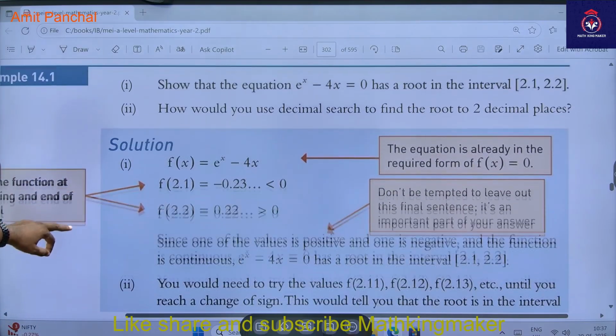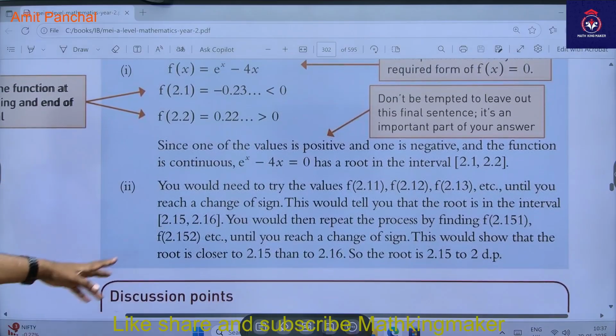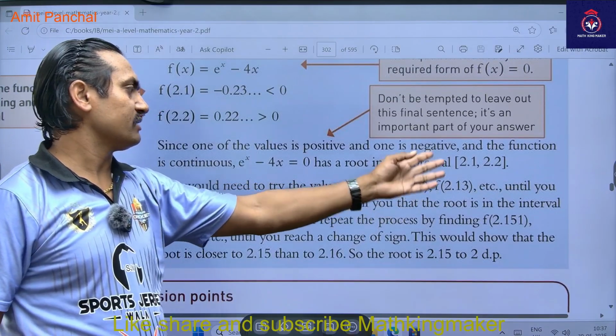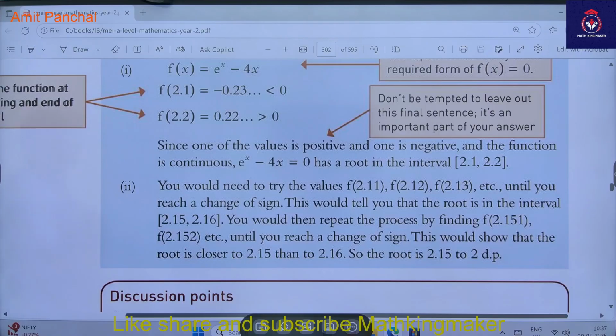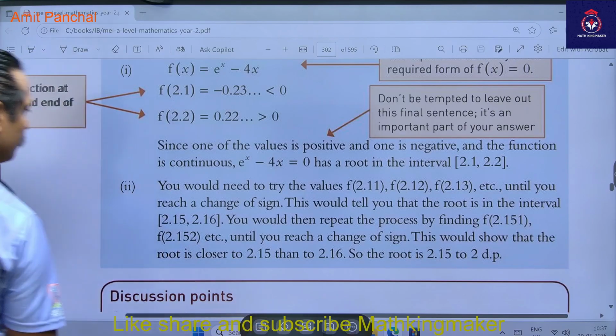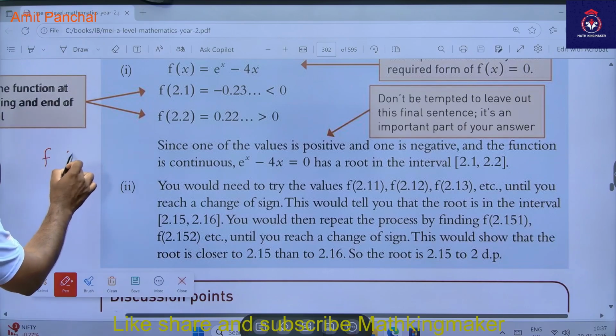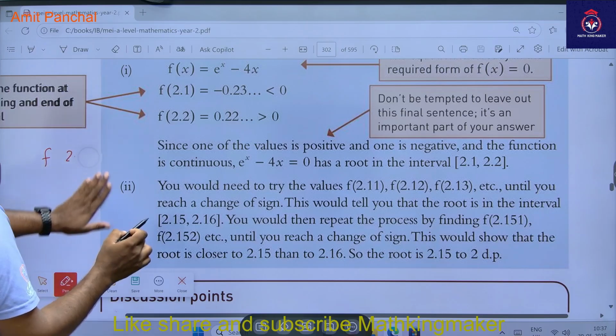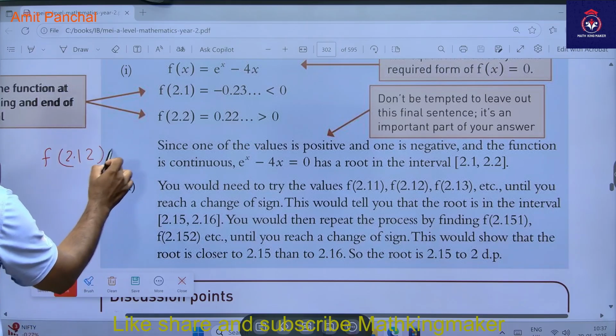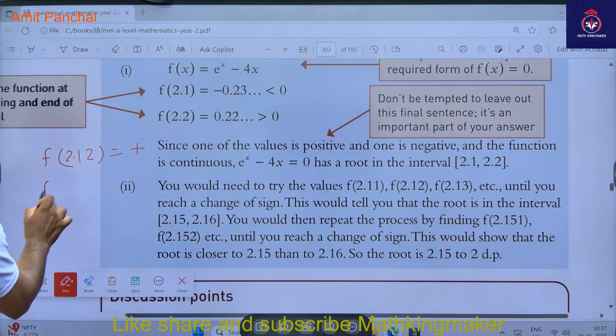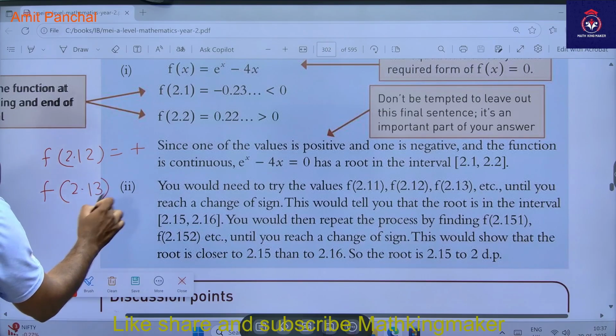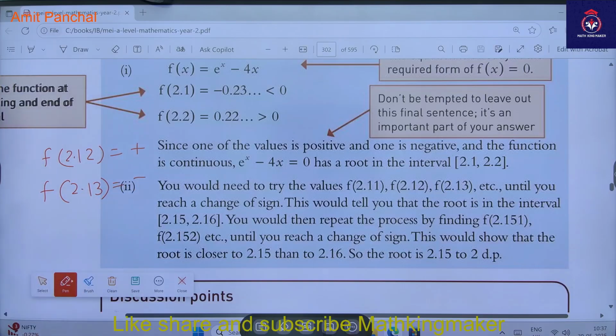You will need to try the values 2.11, 2.12, 2.13, etc. until you reach a change of sign. For example, if you get f(2.12) as positive and f(2.13) as negative, that means your solution is lying between 2.12 and 2.13, because between these two values the sign is changing.